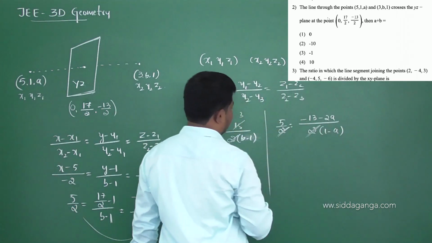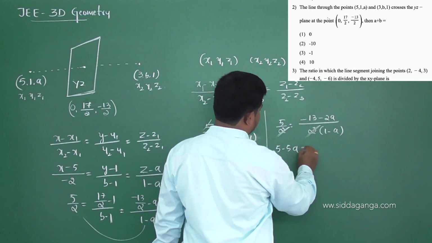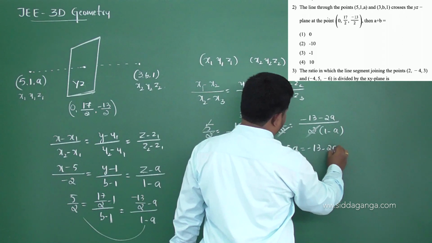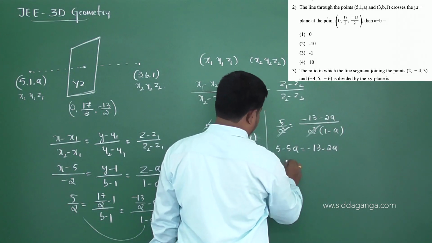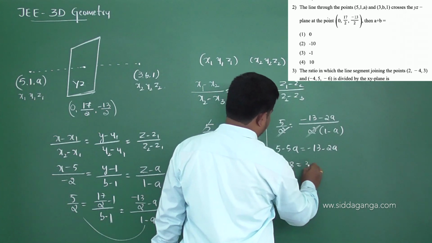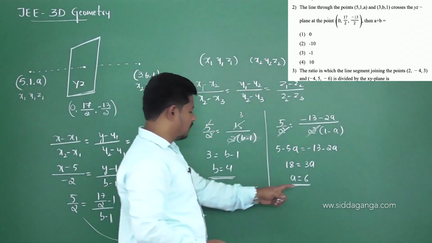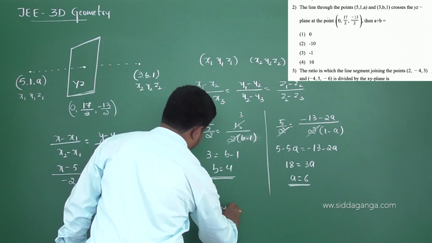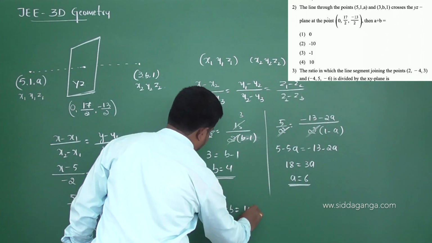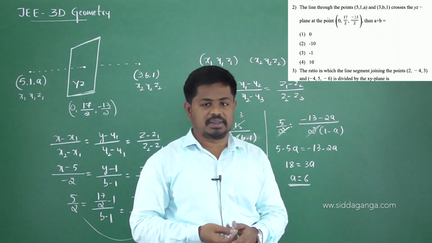So the 2s get cancelled, you get 5 minus 5a, on cross multiplication, equal to minus 13 minus 2a. So you get 18 is equal to 3a and a is equal to 6. So a is equal to 6 and b is equal to 4. Therefore your answer a plus b is 6 plus 4, that is 10. So option 4 is the correct answer.